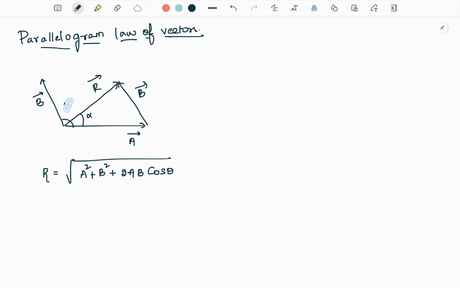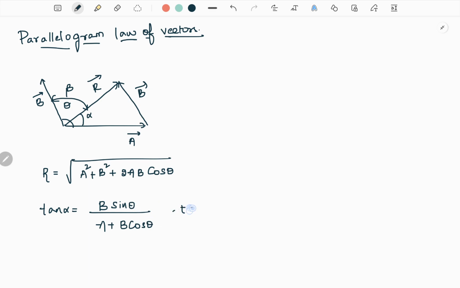Then if alpha is the angle made by the resultant with A bar and beta is the angle made by the resultant with B bar, then we can write tan alpha is equal to b sin theta divided by a plus b cos theta.